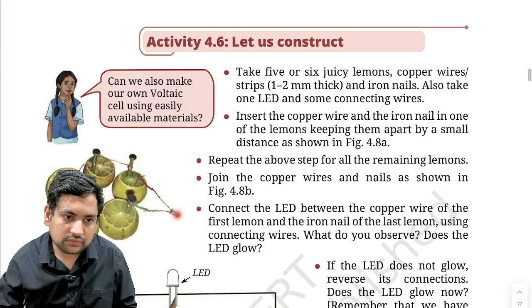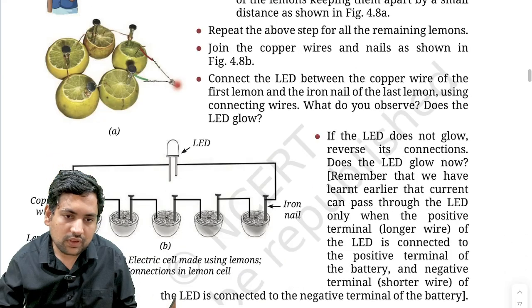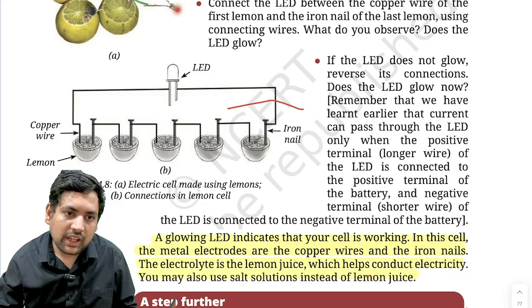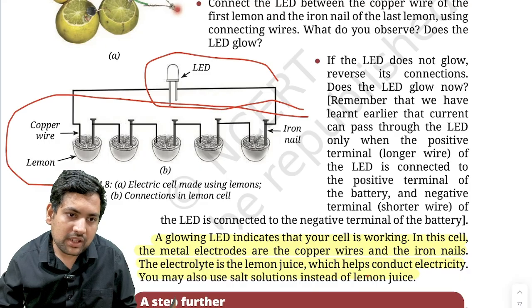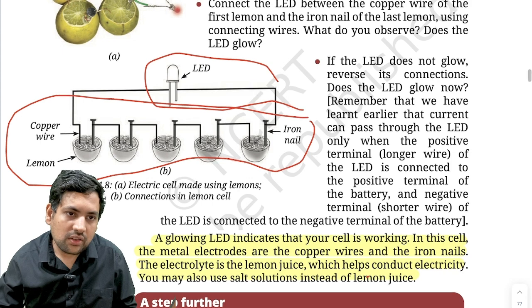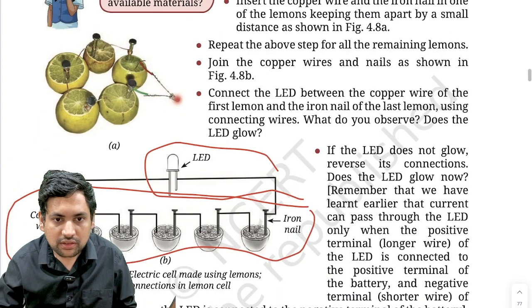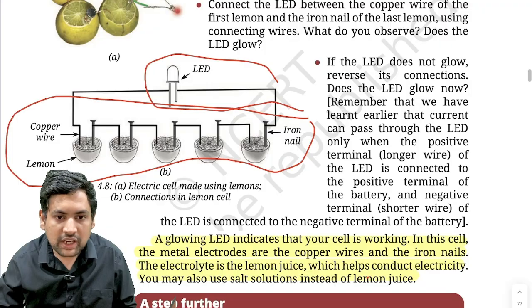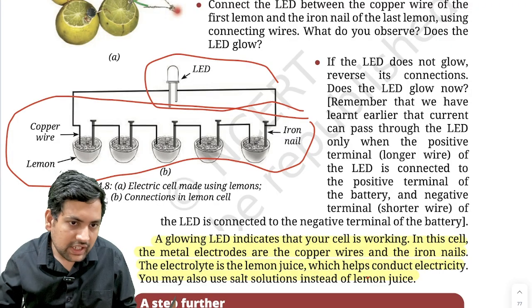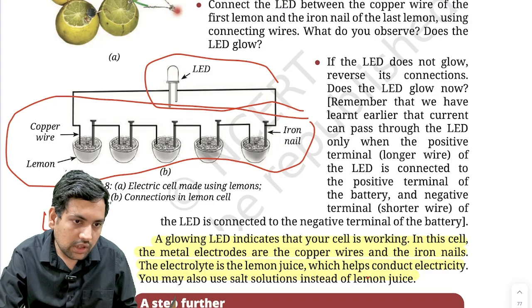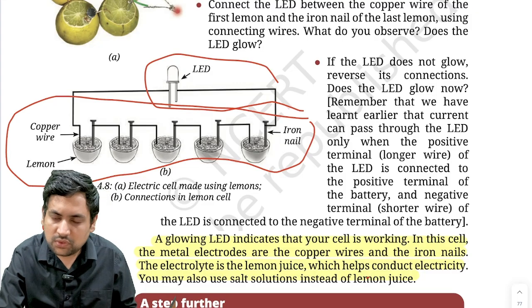Then now it tries to do something similar to the LED bulbs, and here it has connected it to lemon. Okay, now if you see here a glowing LED. Now in LED, if you remember what matters in LED, here also you want flow of ions, correct?